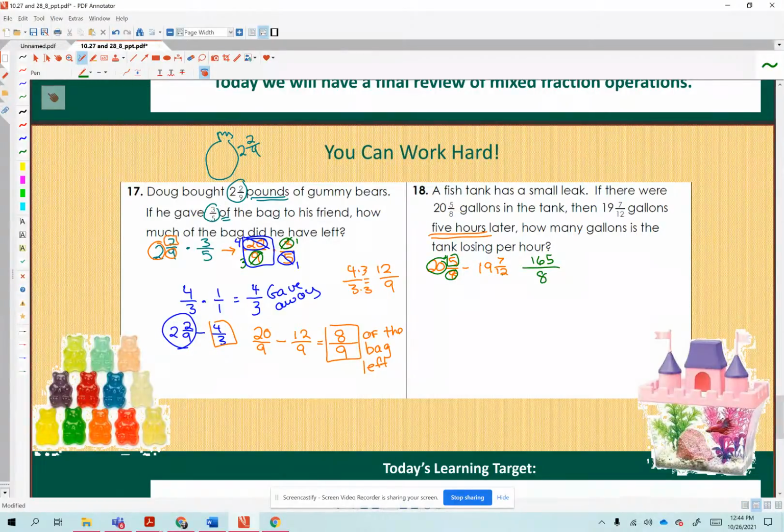And 12 times 19, I need my calculator for that, is 228, plus 7 more is 235 over 12.